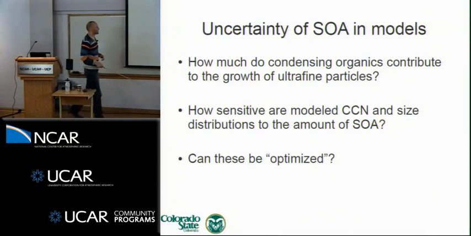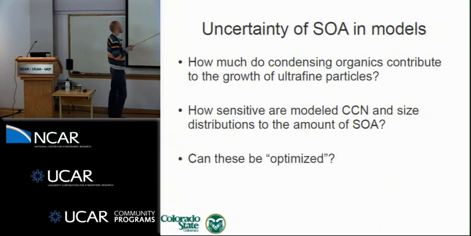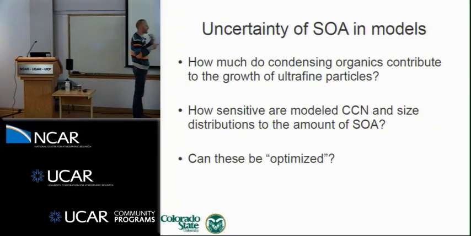And so there are a few questions that my group has been looking at over the past several years in dealing with secondary organic aerosol in models. The first question is, when we have secondary organic aerosol forming, so when you have volatile organic compounds in the atmosphere and they oxidize, you create products that are lower volatility and want to stick to the aerosol phase.